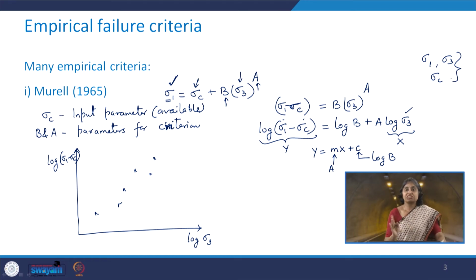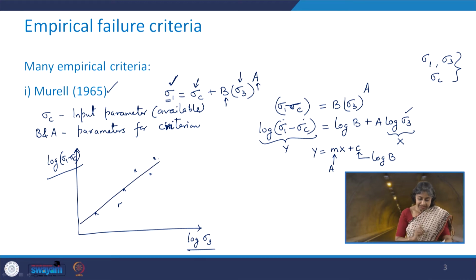The question in front of us is whether this data follows Murrell's failure criterion or not. So we plot it in this space, that is log of sigma 1 minus sigma c and log of sigma 3, and then we try to fit a straight line, let us say like this.